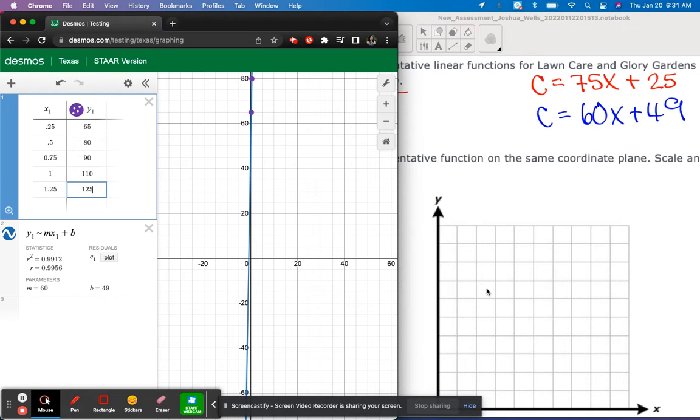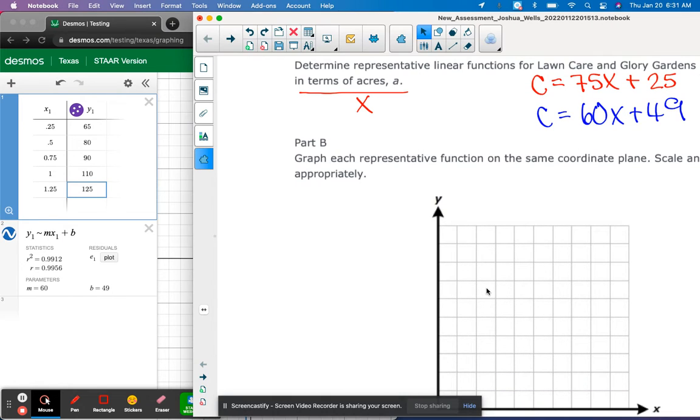So for part B, it's asking us to graph each representative function on the same coordinate plane. All right, so what we're going to do is, for this graph, we need to label it.